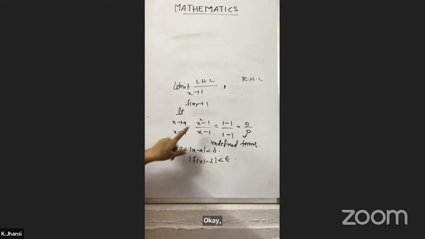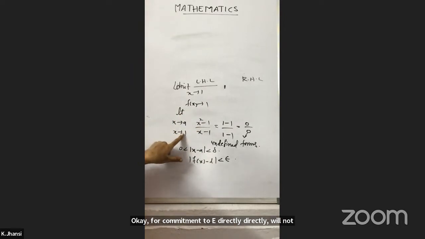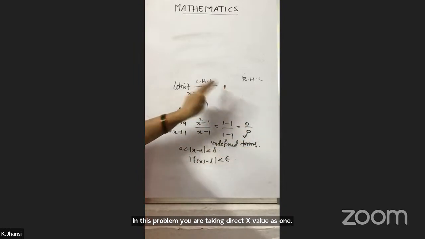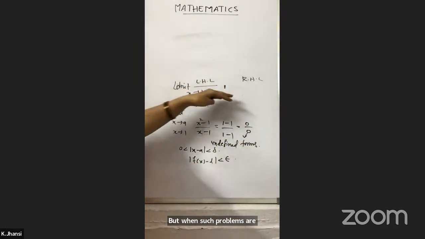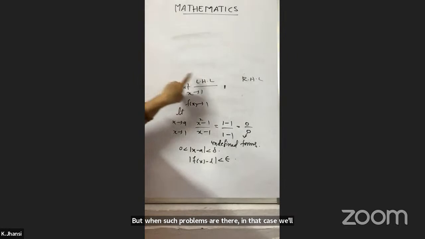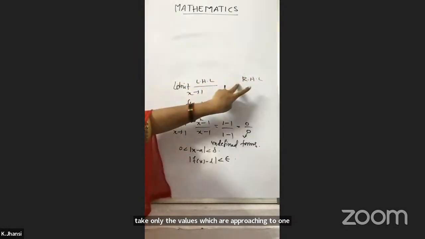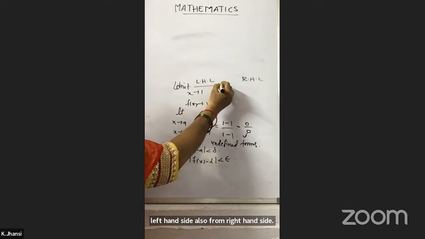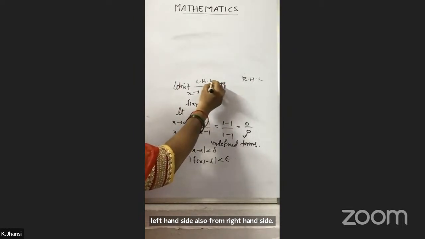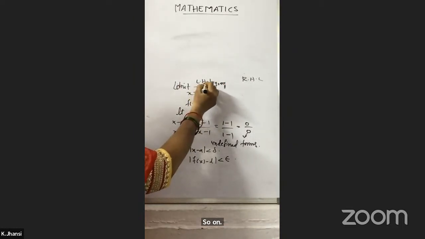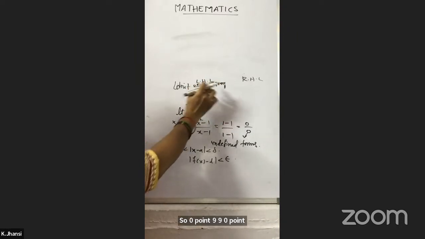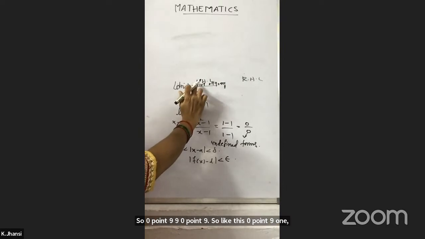Here in this problem you are taking the direct x value as 1, but when such problems are there, in that case we'll take only the values which are approaching 1 from the left hand side, and also from the right hand side. So here from 0.999, 0.99, 0.9, so like this, those values will start.